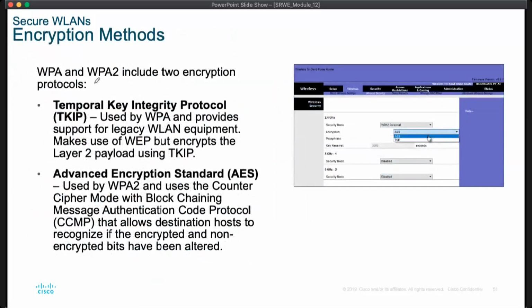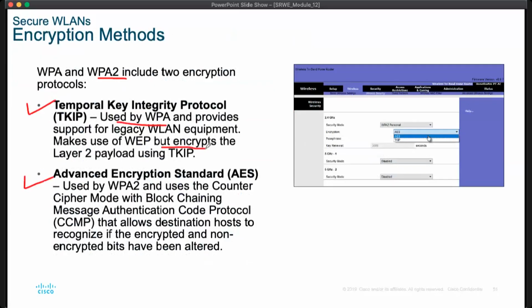WPA and WPA2 include two encryption protocols. First, Temporal Key Integrity Protocol, TKIP. Second, Advanced Encryption Standard, AES. TKIP is used by WPA and provides support for legacy wireless LAN equipment. It makes use of WEP but encrypts the layer 2 payload using TKIP.